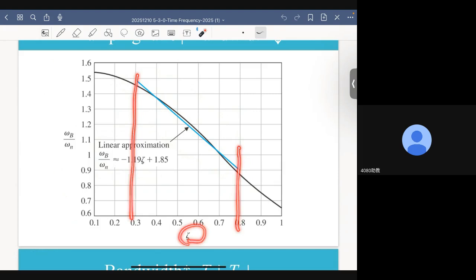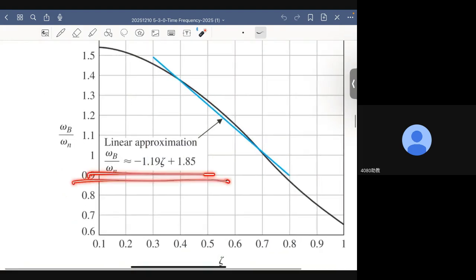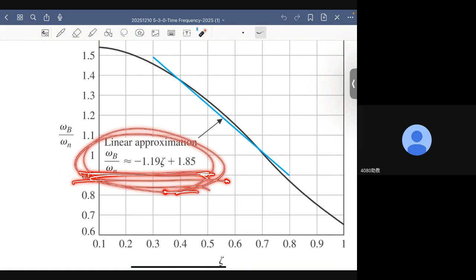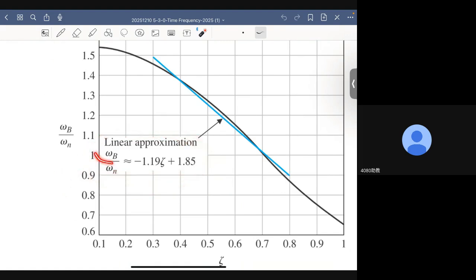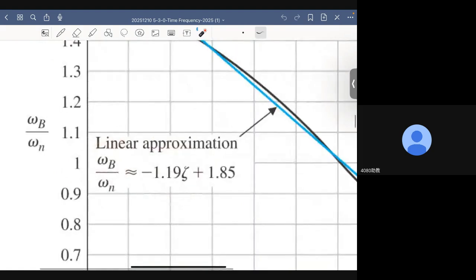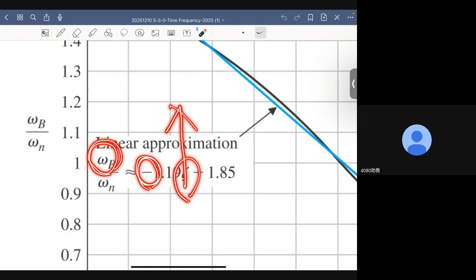This blue curve comes from this straight line. From here, again, you can see that bandwidth decreases with damping ratio, because as eta increases, due to these negative signs, the value of omega b goes down.